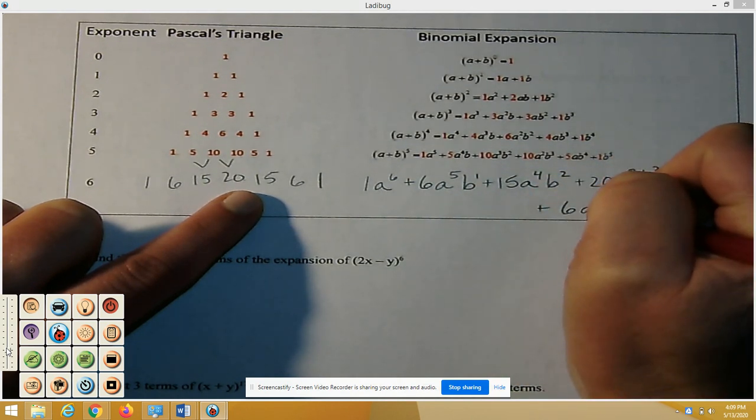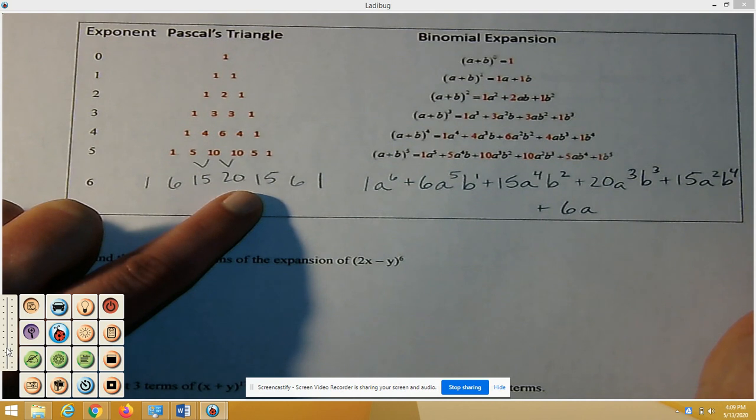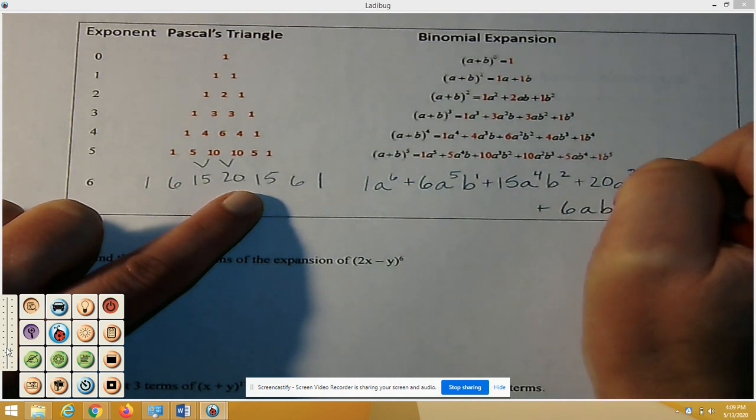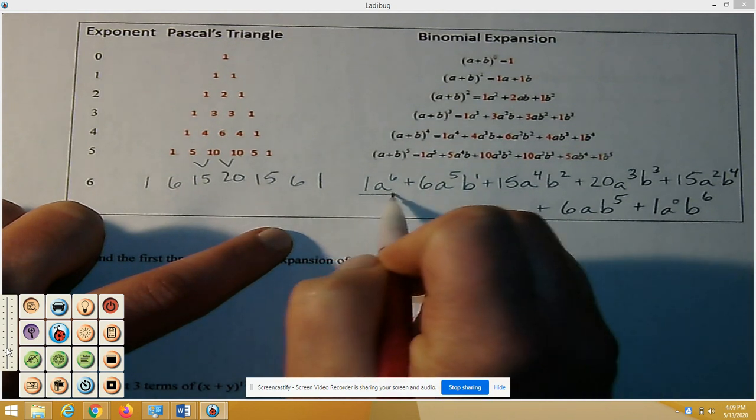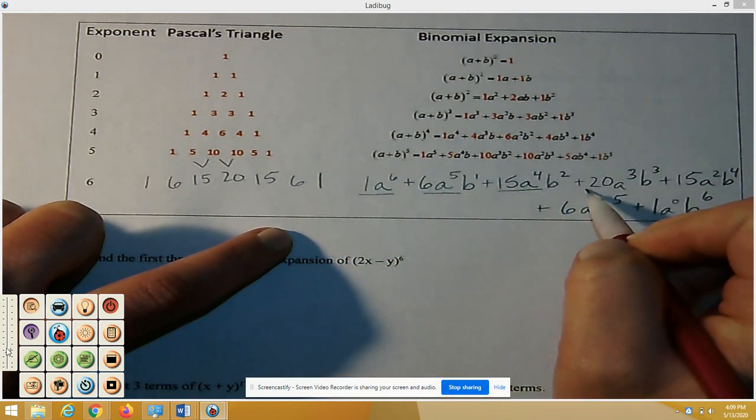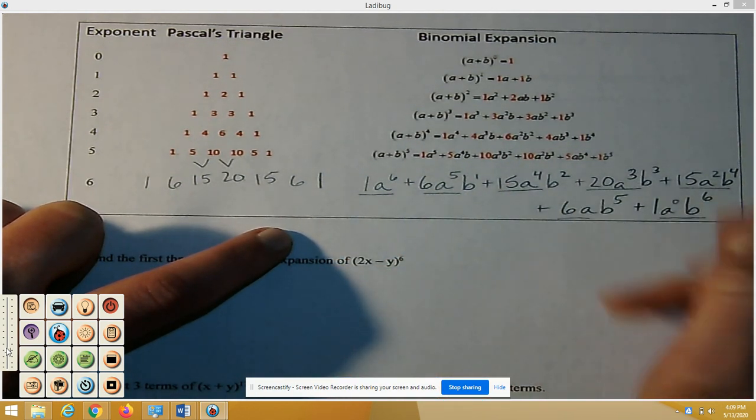A is going down by 1, so now I have 6A, and then B goes up by 1, so B to the 5th power, and then finally I will put the 1, but you don't really need to. A to the 0, so you actually didn't need to put A to the 0, and then B to the 6th. And then you'll notice I have 1, 2, 3, 4, 5, 6, 7 terms.